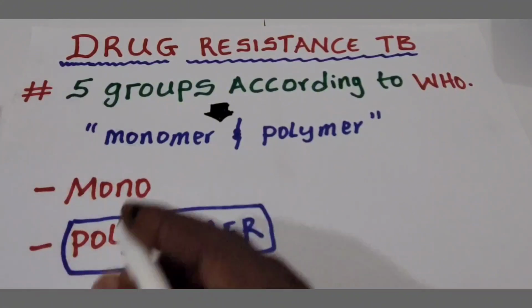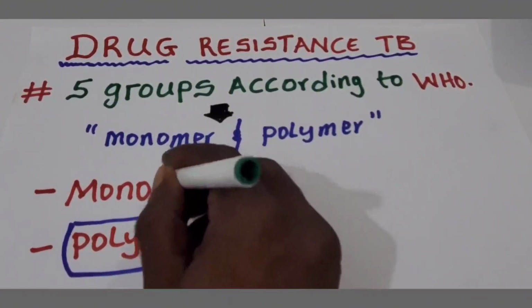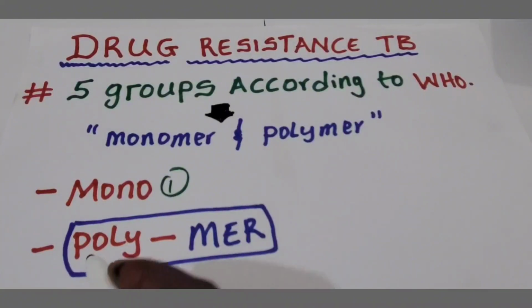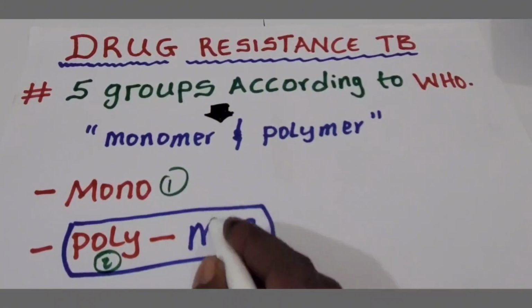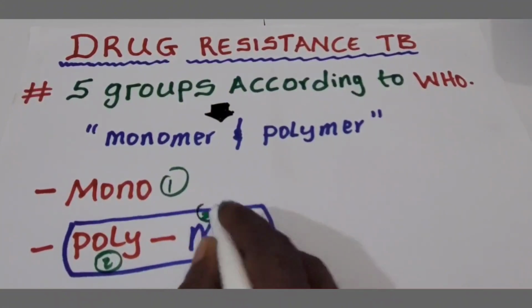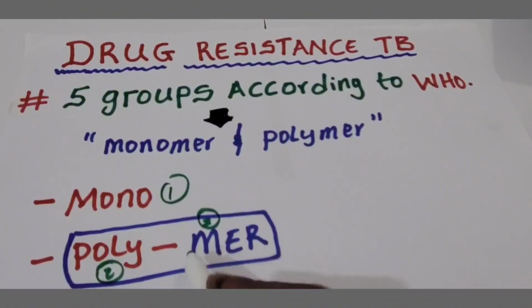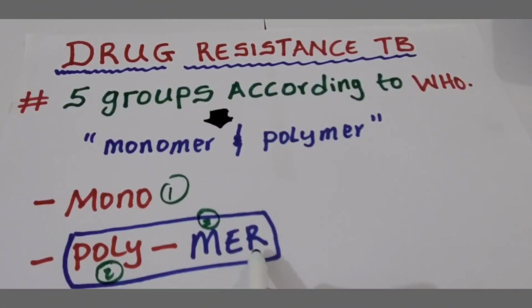And so when we say monomer, it is number 1. And from polymer, this is number 2, which is polyresistant TB. And from the remaining 3 letters of polymer, we have the third group, which is multi-drug-resistant TB. And we have extensively drug-resistant TB and rifampicin-resistant TB.